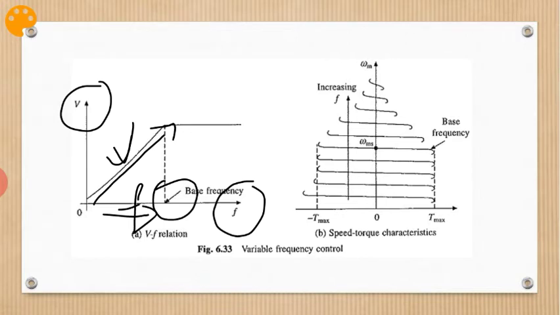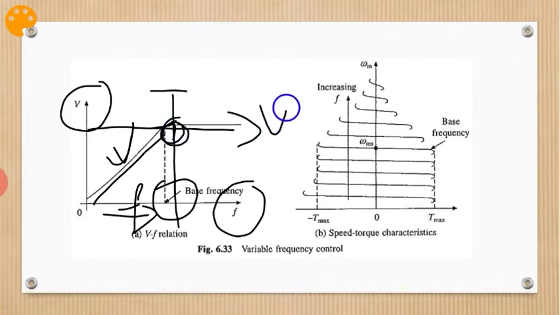Above the base frequency, we are keeping the voltage constant and we are varying the frequency.